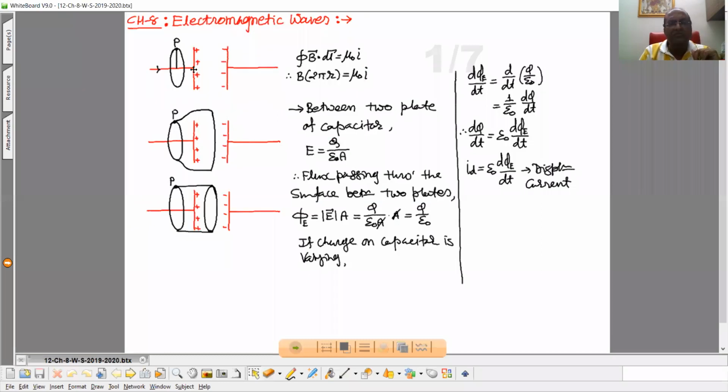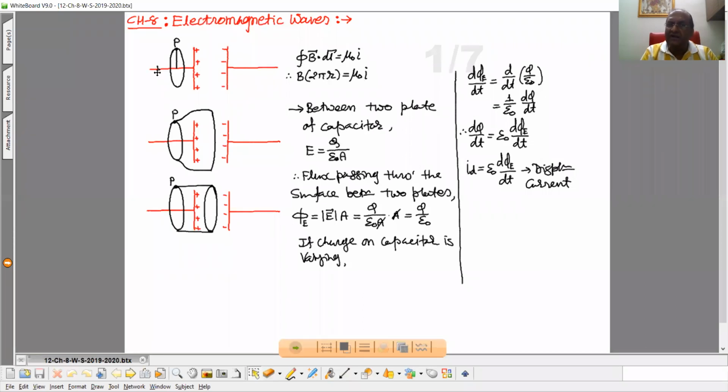Battery to the plate of capacitor, that is the conduction current. Simply the current flowing, as we discussed in the previous chapter, due to flow of charges. But between two plates of the capacitor, there is the displacement current.